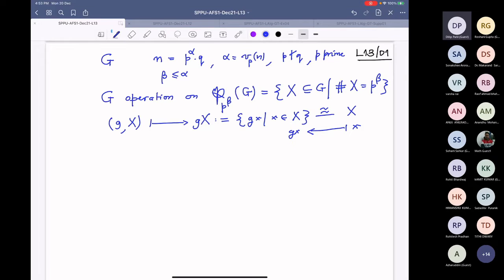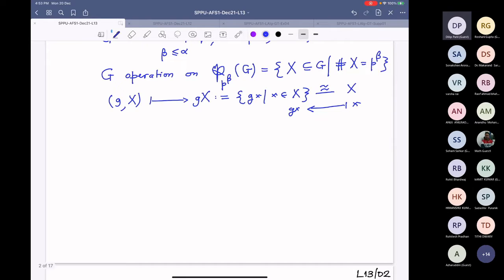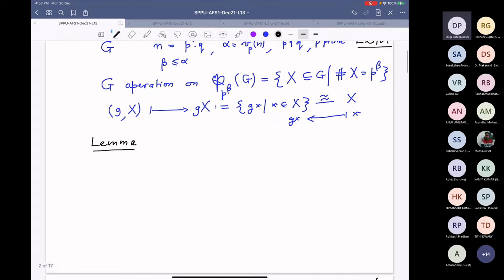All right, now I want to write down one small lemma which will tell us which orbit will contain a subgroup and how many. That is the characterization of the orbit. So I will write it as a lemma. The notation is fixed, so obviously you know the notation.